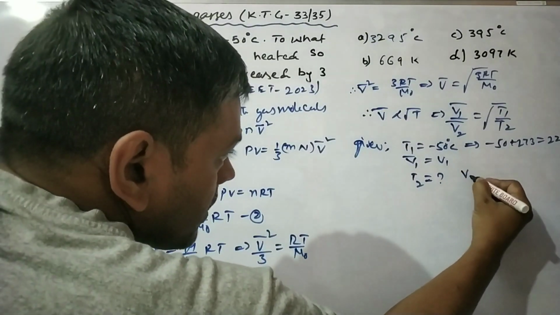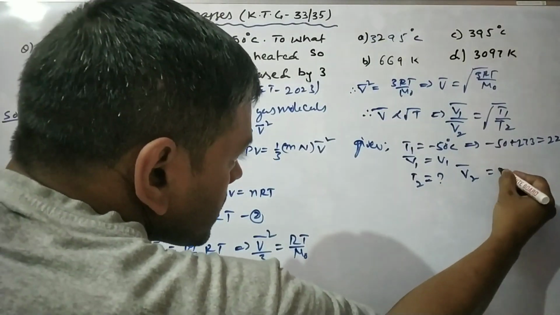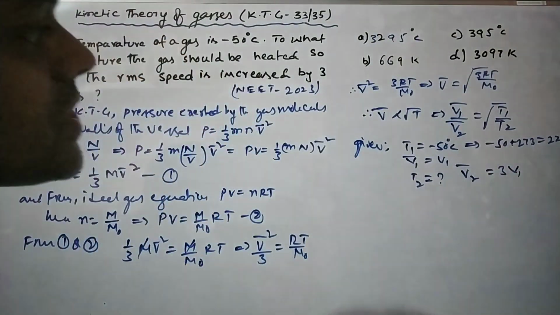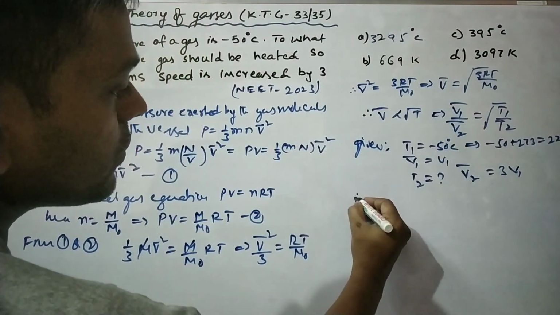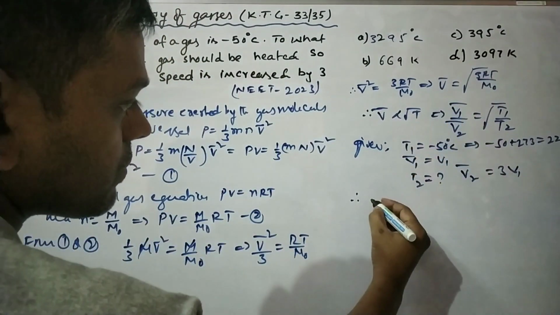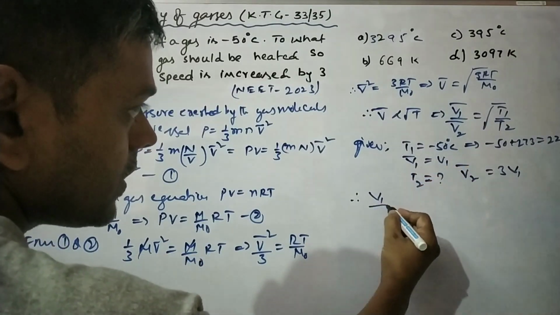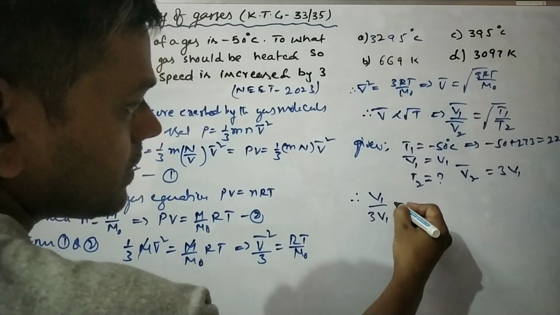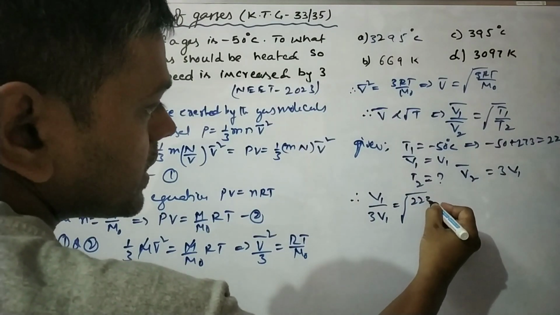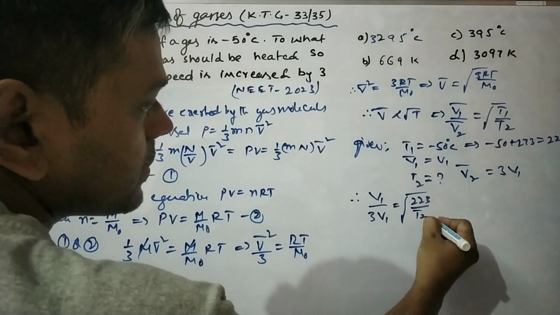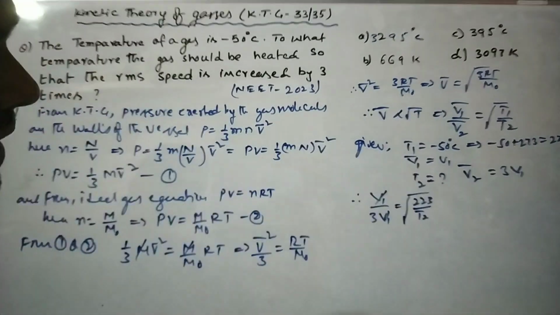Then RMS speed v2 bar is equal to 3 times the initial one, that means 3 v1. Therefore, to obtain T2, use this relation. v1 bar is v1, v2 bar is 3 v1, equal to under root T1 by T2, that is 223 by T2. This is the required value. This v1 is cancelled.